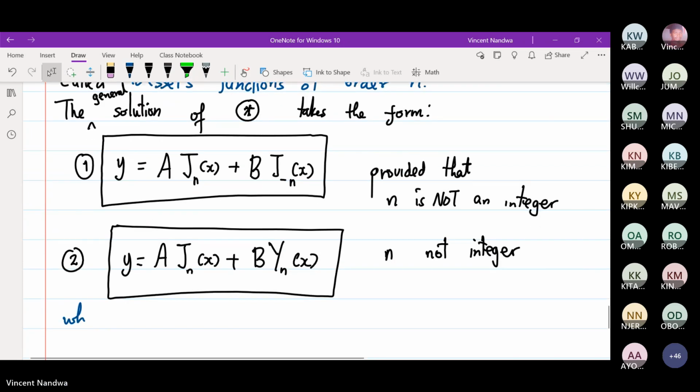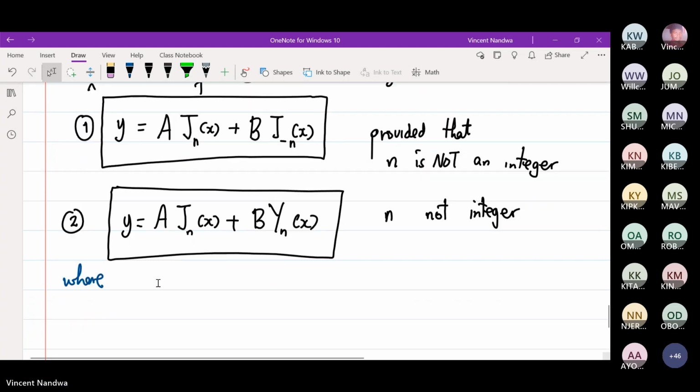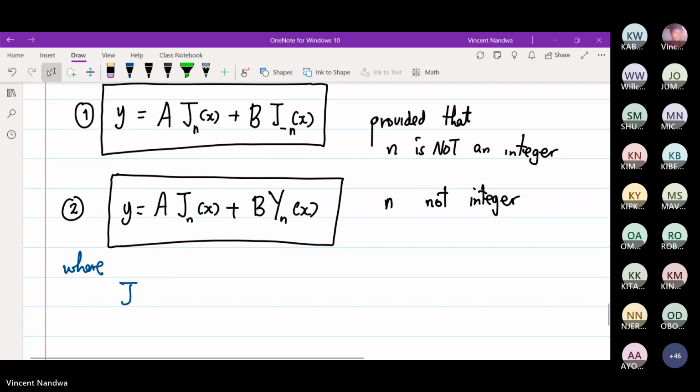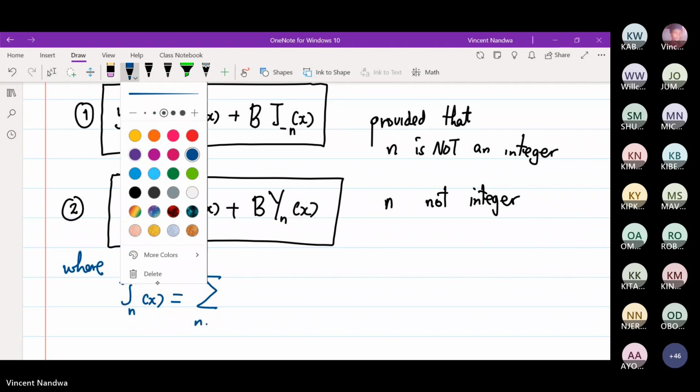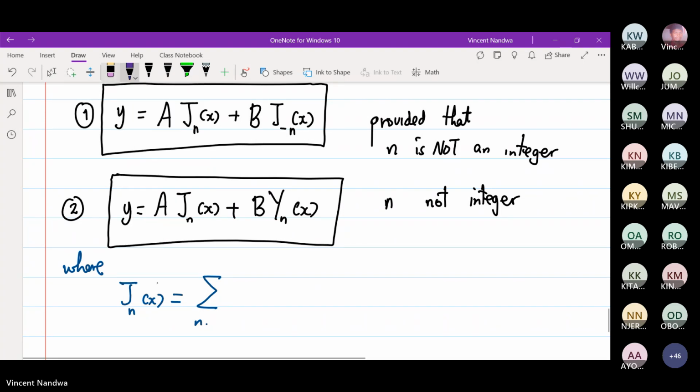where J n and Y n are defined as follows. In both cases a and b are arbitrary constants.